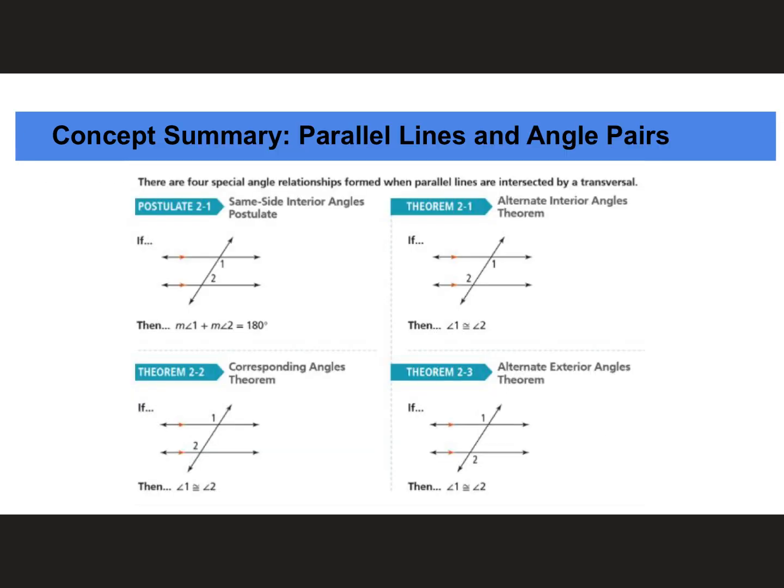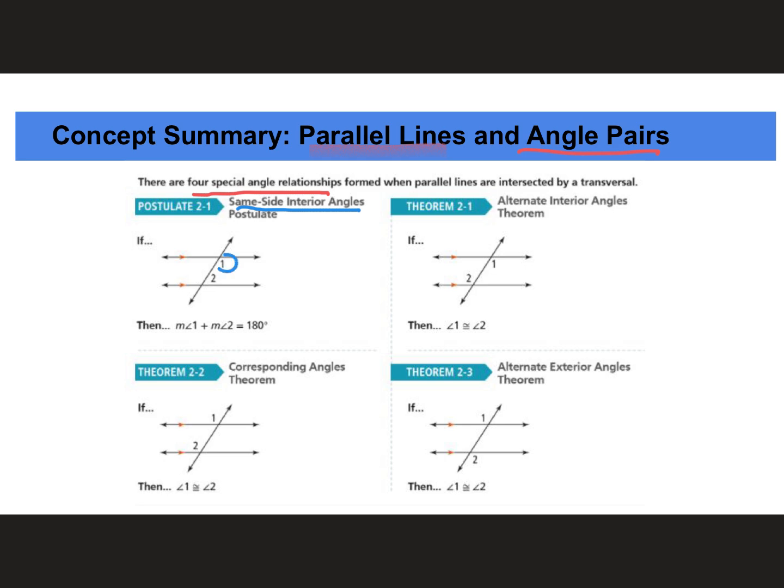So let's look at a real quick concept summary. When we're talking about parallel lines and angle pairs, there are 4 special angle relationships, okay? So when my lines are parallel, I know, first of all, same side interior angles.